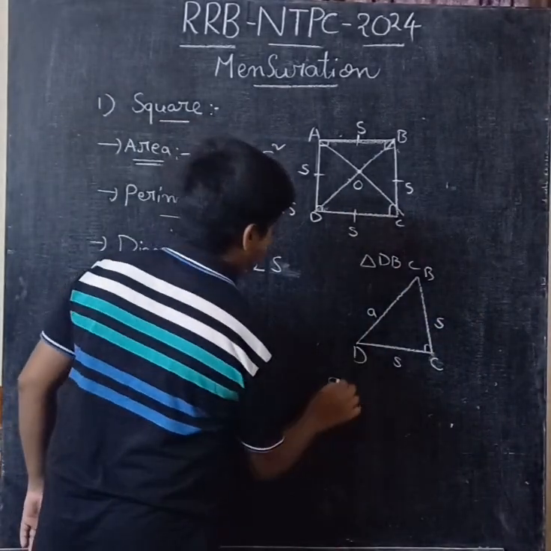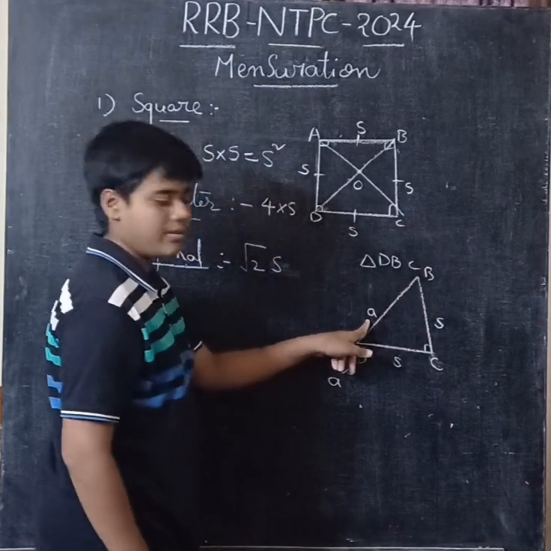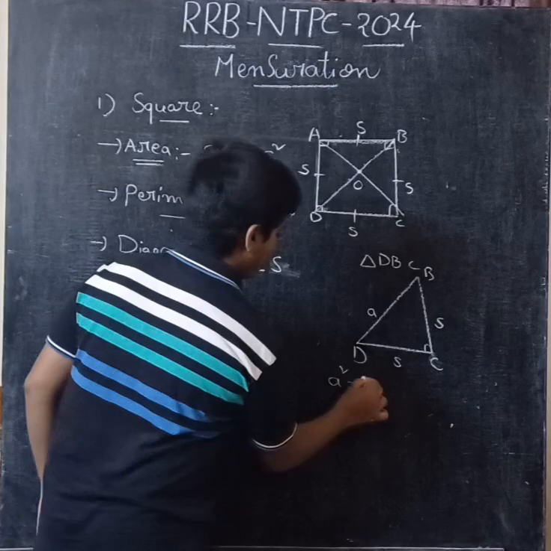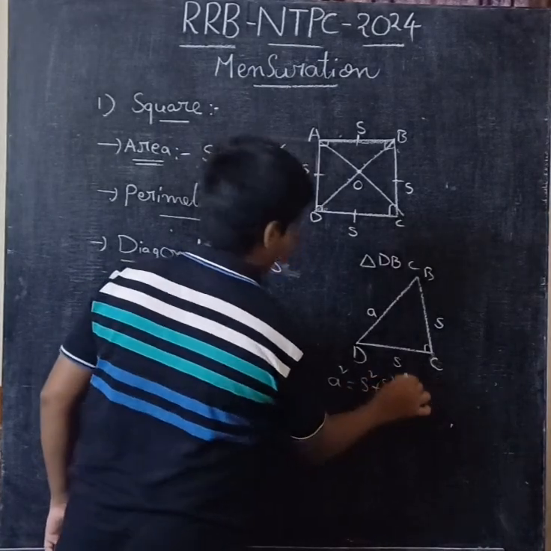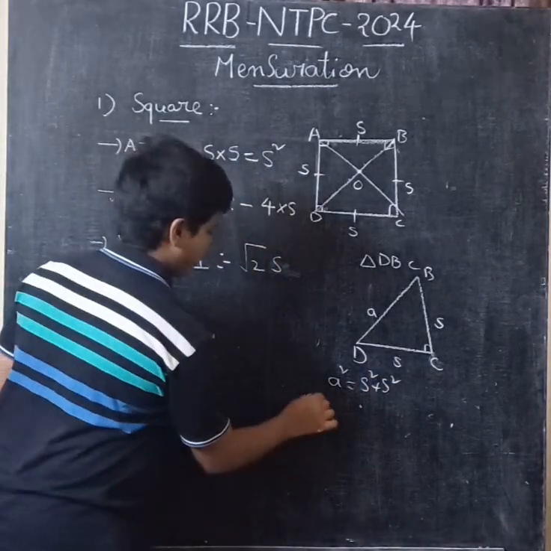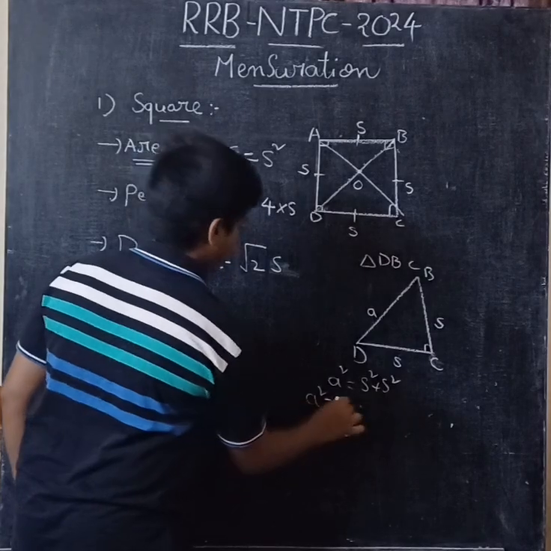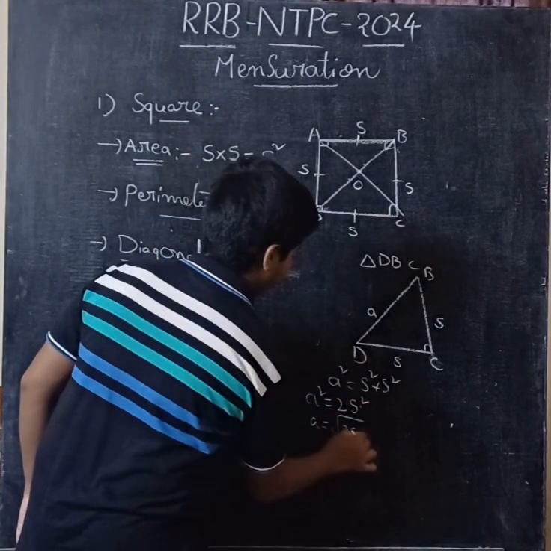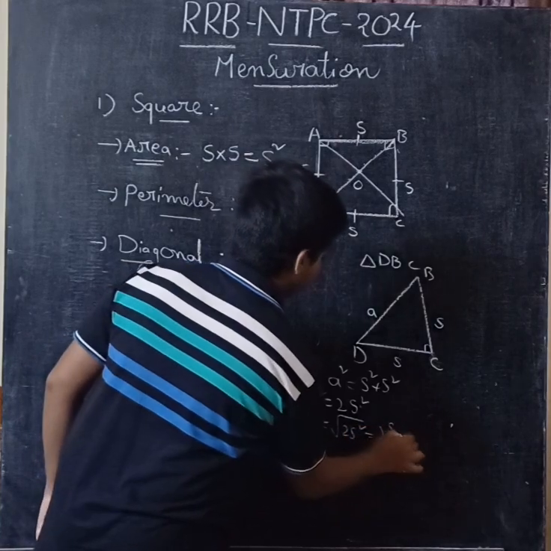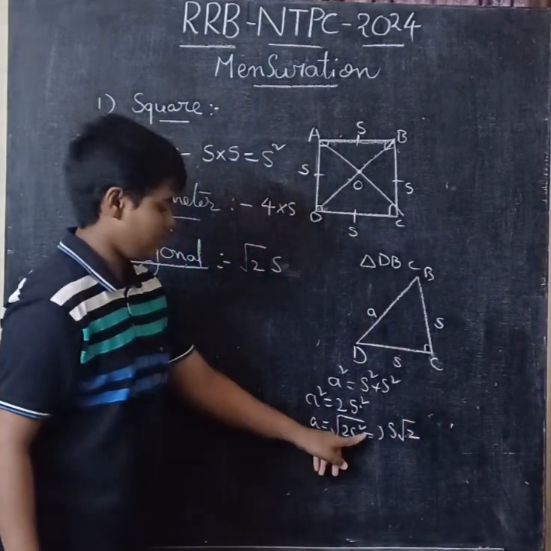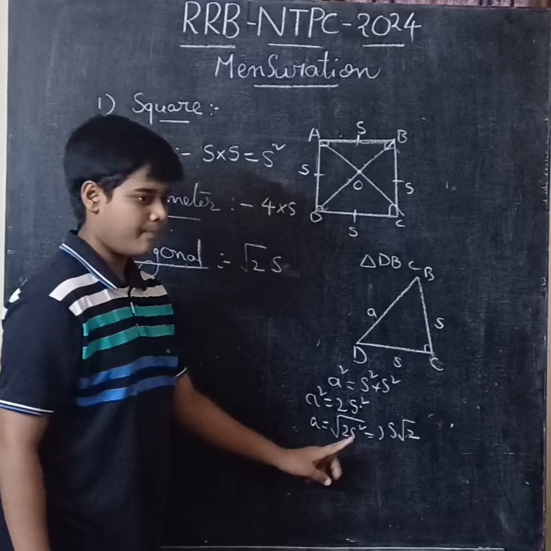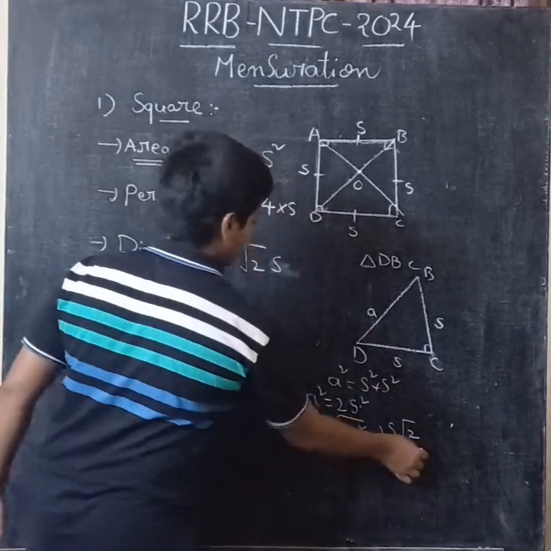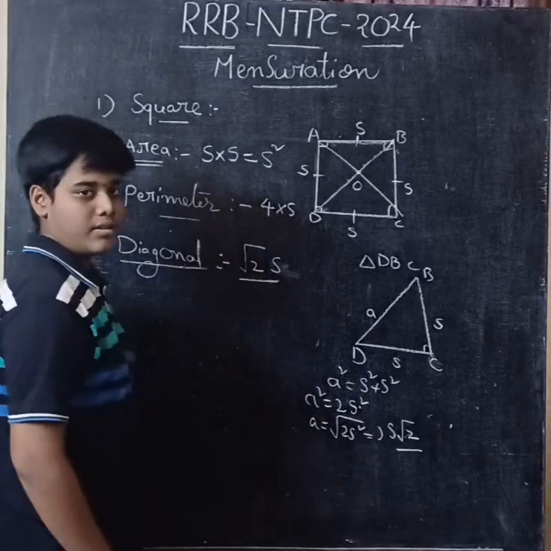So here, hypotenuse square, opposite side, adjacent side. So A square equal to S square plus S square, which is 2S square. A is equal to root 2 S square, which is nothing but S root 2. Because square root of S square is S, and root 2 is not a perfect square, so S root 2. So this is the diagonal.